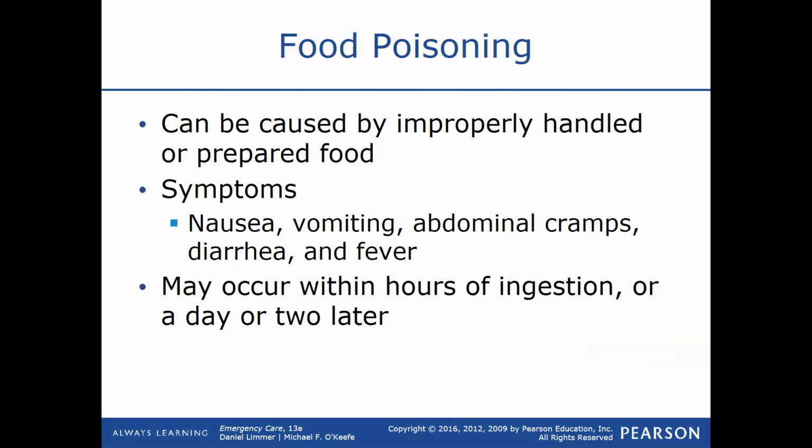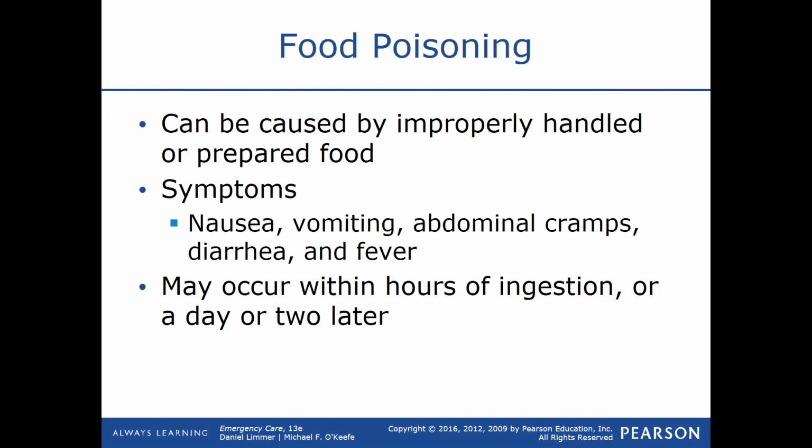All right, so food poisoning really is from food that hasn't been cooked properly. It's still raw, so some of the bacteria in the food can cause you to get sick. Nausea, vomiting, abdominal cramps, diarrhea, these are all effects, and it's because it's your stomach that's being affected really. And because of that, you're gonna get nauseous, you might vomit, abdominal cramps.